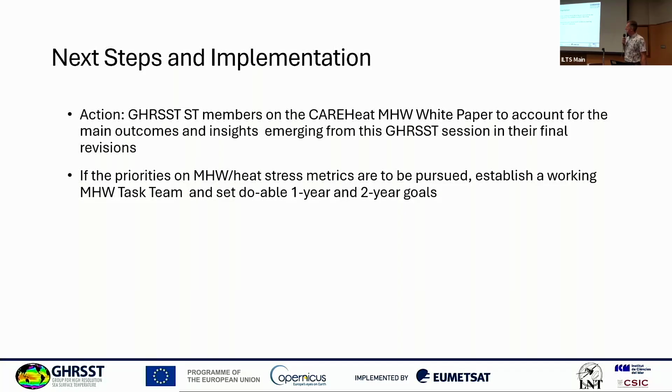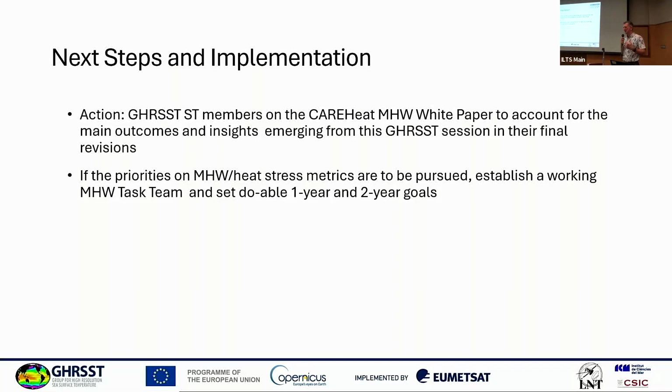And if we're going to pursue within GRIST the tasks on marine heat waves and heat stress metrics, we will need to identify a clear project and identify a task team, set some doable 1- and 2-year goals to achieve that.